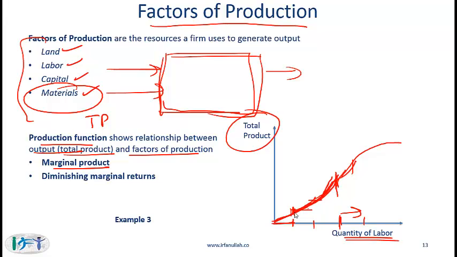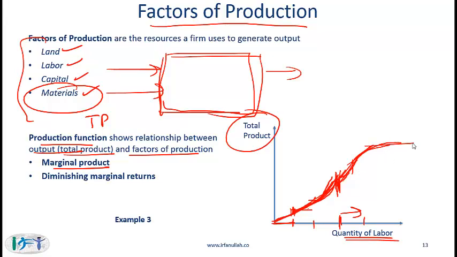Notice that this curve is going up, the slope is increasing. But then after this point, the output is going up, but at a lower rate. Here we are at diminishing marginal returns. So there are returns, output is up, but at a diminishing or lower rate.